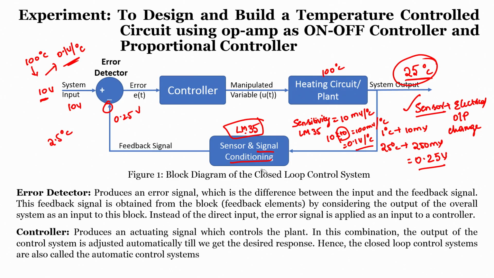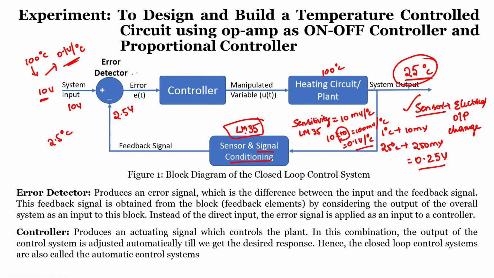Once we get a signal out of it, the output, which is nothing but the feedback signal from the sensor, will be compared with the input signal. Now, since it is multiplied with a factor of 10, you will get an output as 2.5. Now, what is the difference?